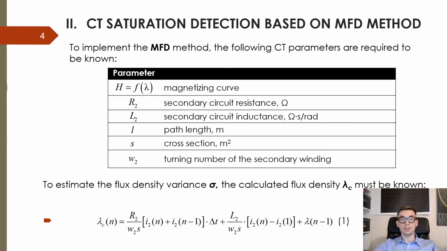Among them, the most important are the magnetizing curve, secondary circuit resistance, secondary circuit inductance, the path length of magnetic flux, the cross-section of the core of the current transformer, and finally the turns number of the secondary winding.